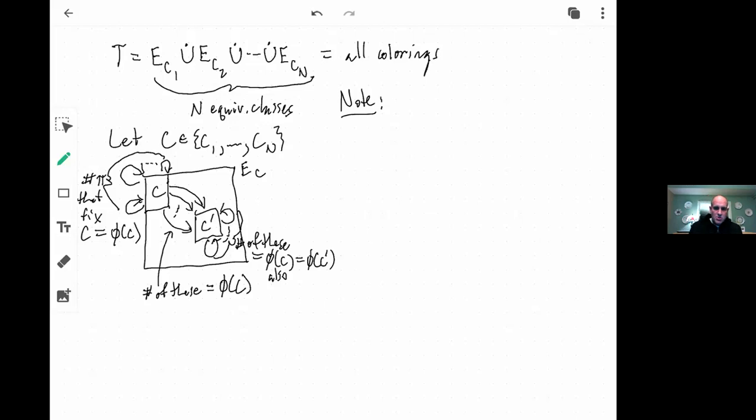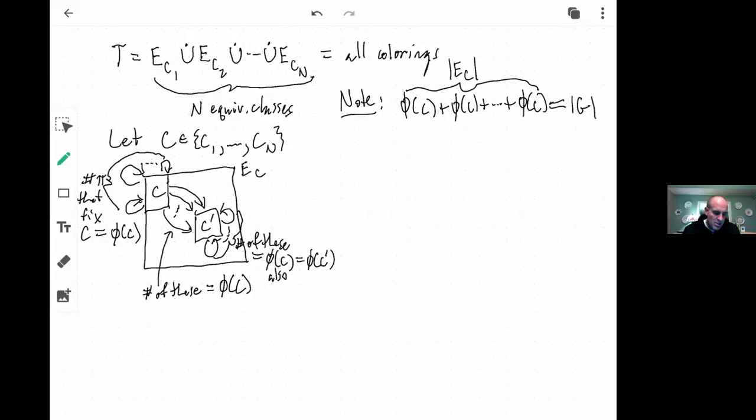So in other words, suppose I take phi of C plus phi of C plus dot, dot, dot, plus phi of C, and I do that a total of the size of E of C times. What am I going to get? Well, I claim that that's going to be equal to the size of the group itself.